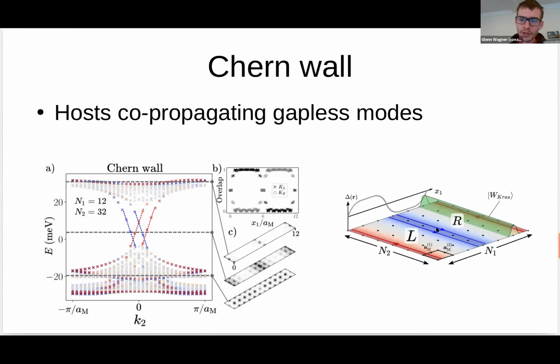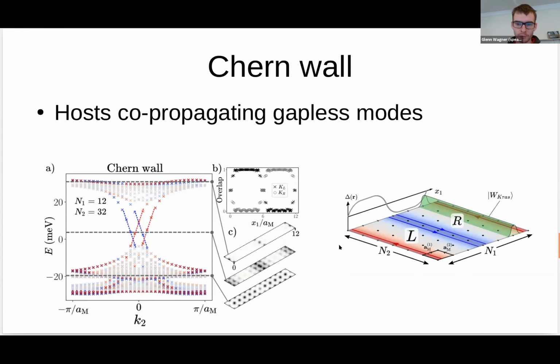So let me show you the Hartree-Fock results for one of these types of domain wall. This is the Chern wall. If you're interested in the other types of wall, then you can look it up in our paper. So the setup is here on the right.